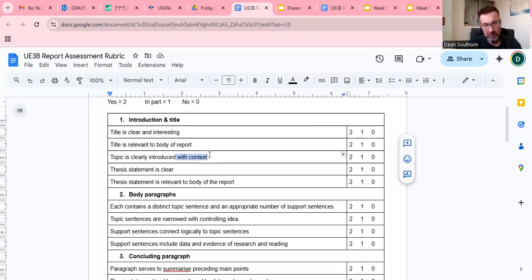Here we looked at the functions again of the introduction. If you remember, the first function should be introduce the topic, explain the size of the problem, and then a thesis statement. The thesis statement often starts something like, this report will, and explain the direction of the report.